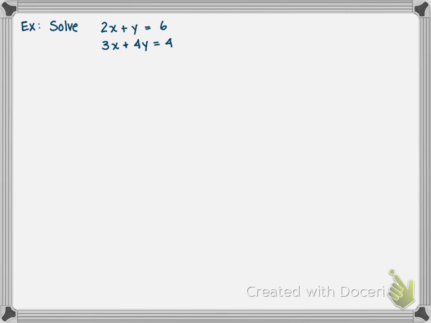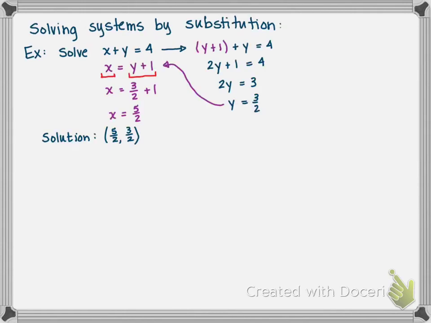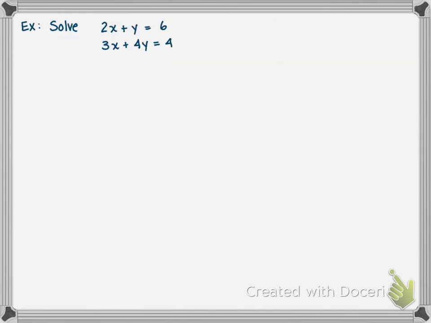So this one's not set up quite as nicely because I don't have an equation that says x equals or y equals. In the last one, one of our equations told us what one of the variables was equal to. However, if you look for variables with a coefficient of 1, they're pretty easy to solve for, right? So I can take that first equation and solve it for y just by subtracting 2x from both sides.